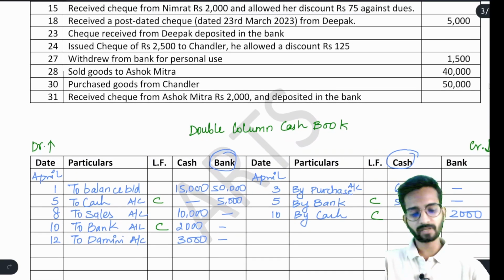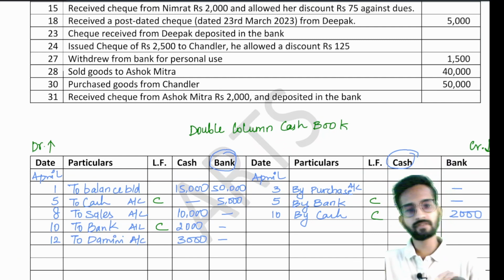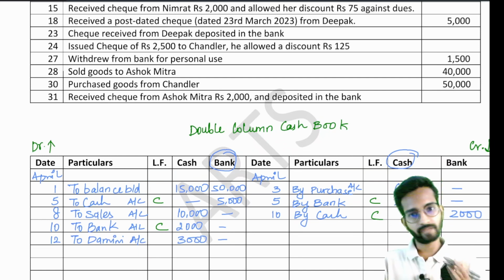Received check from Nimrat rupees 2,000 and allowed her a discount rupees 75 against dues. See, understand. We have received check from Nimrat. Now there can be two schools of thought. One student says, sir, we have received check but our cash balance is not increasing and our bank balance is not increasing. Very good.